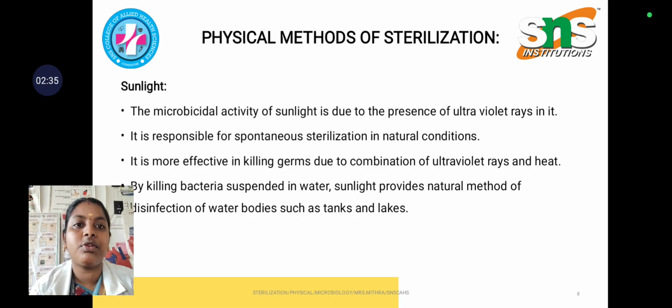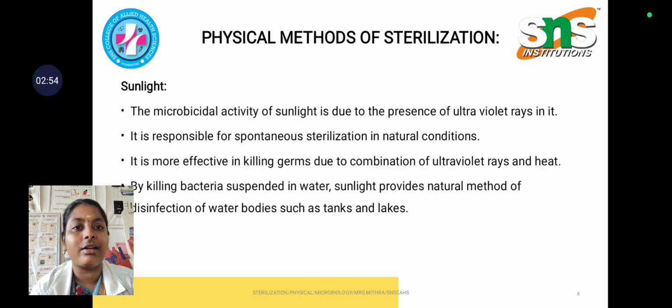It is responsible for spontaneous sterilization under natural conditions, and it is more effective in killing germs due to the combination of both UV rays and heat. They together play a role in killing the microbes naturally.